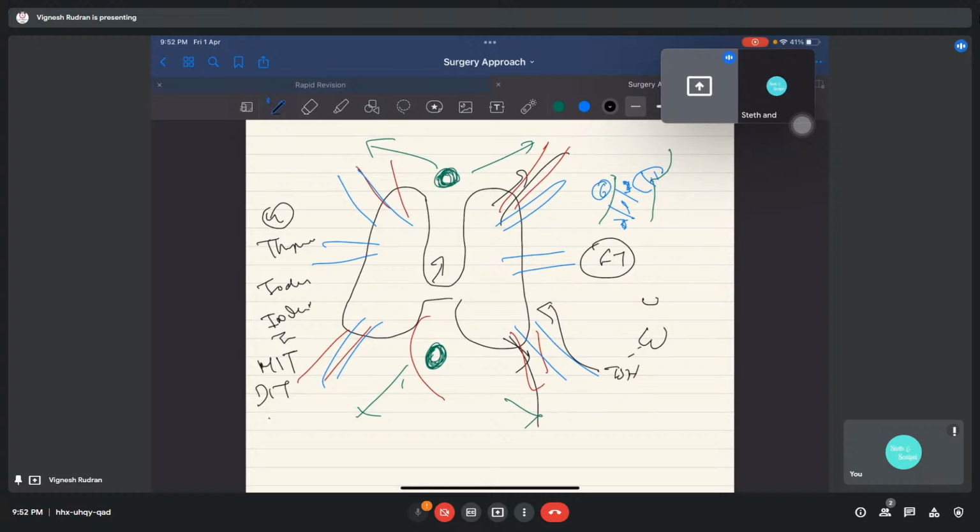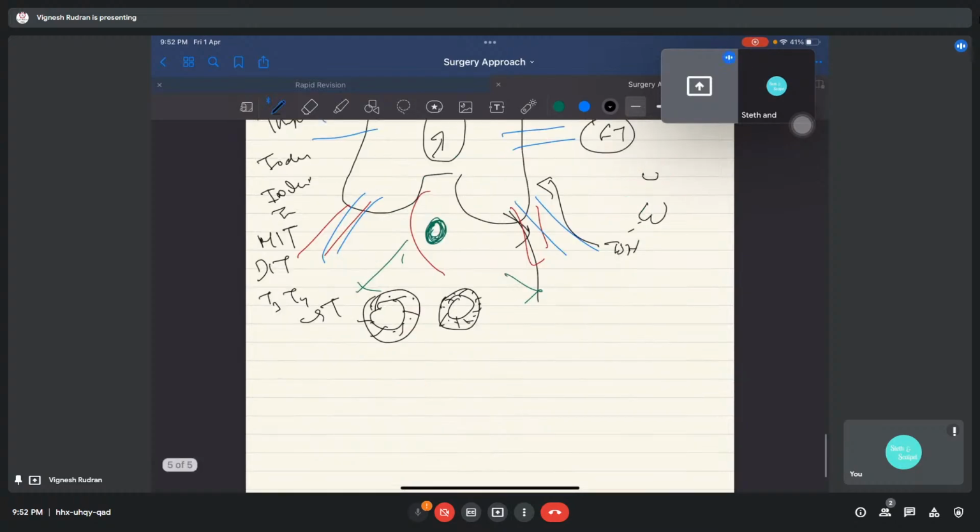Then coupling, you get T3, T4. This will bind with thyroglobulin. That is your colloid. So your histology will be like this. All of this is normal.